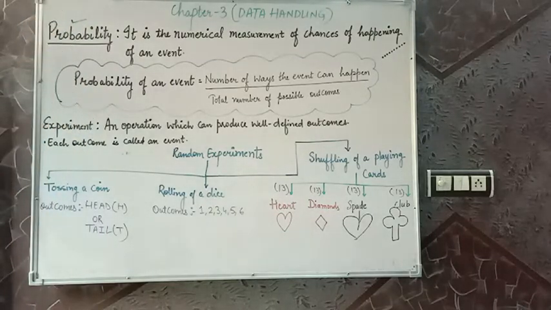Let me ask you one thing: if I say there are chances that it will rain today, or most probably it will rain today, or the chances are high that the prices of petrol will go up, I think you would have observed three words: chances, most probable, or there are events occurrence.